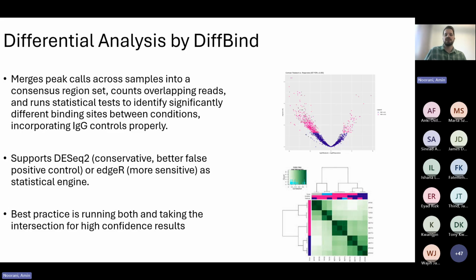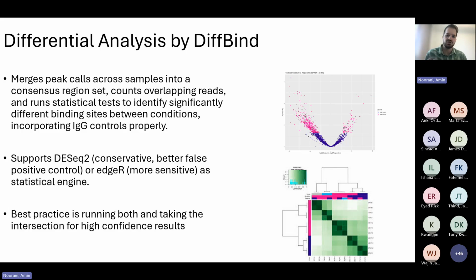It can also incorporate your control, which is IgG in CUT&RUN, into the analysis, which is important to know what the negative controls are. Within DiffBind, you have two different methods for the statistical engine, which are DESeq2 or edgeR. You might have heard of them, and they're used for count data, like RNA-seq. DESeq2 is very conservative, with false positive control.